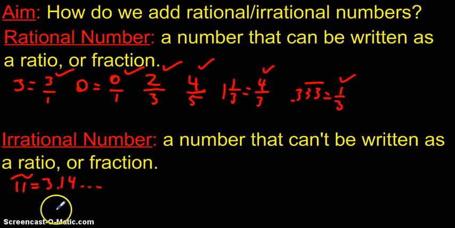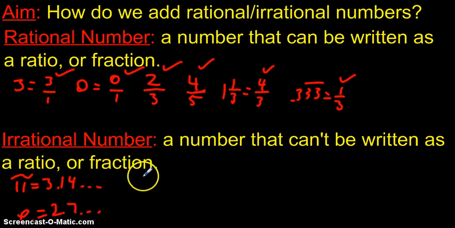A repeating decimal will at some point allow us to make it into a fraction because of its repetition. Another one is e, which is called Euler's number, which is 2.7 something, but it's a non-repeating decimal also.